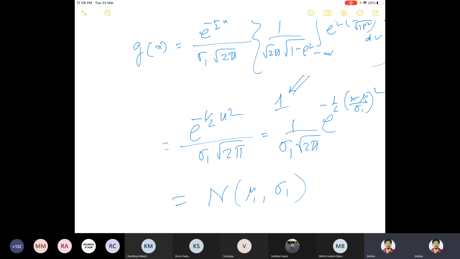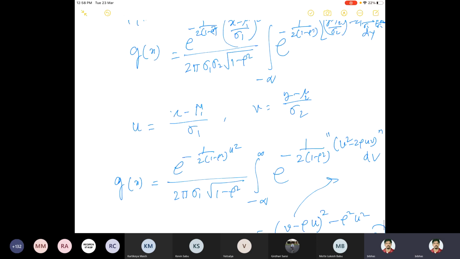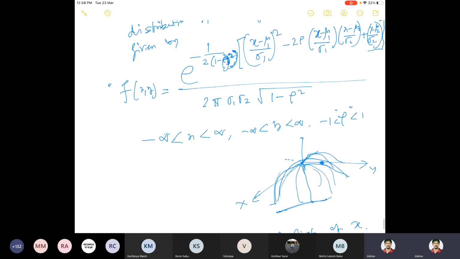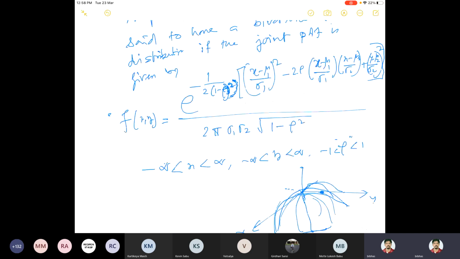So this is actually again normal. So what is happening here when you have a bivariate normal distribution, which is this joint PDF, then you can calculate that. There are 4 parameters, mu1 sigma 1, mu2 sigma 2, and there is another, rho. This is the correlation coefficient between the random variables x and y, and that can be proved.